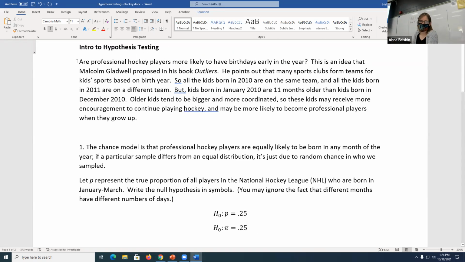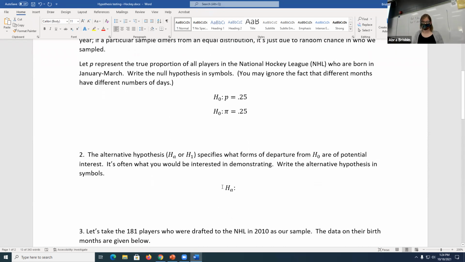Yeah, because we're interested in whether professional hockey players are more likely to have birthdays early in the year. So P or pi is greater than 0.25. Questions about this?